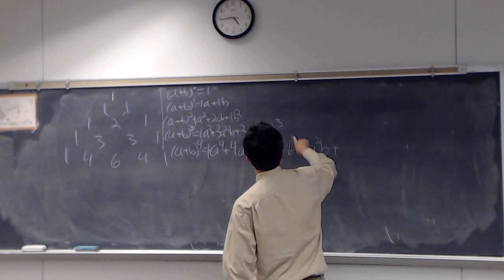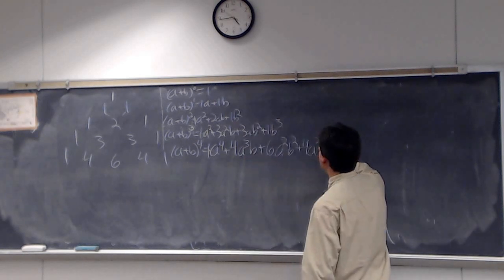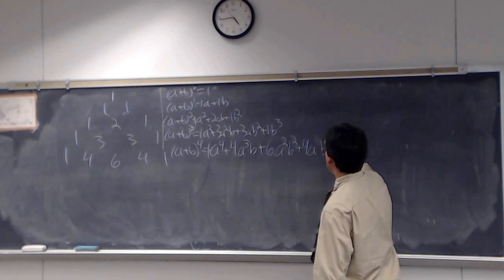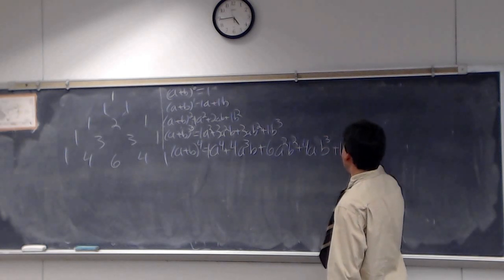My mistake there: this would be 2 and 2, then 1 and 3, and finally just 1 b.